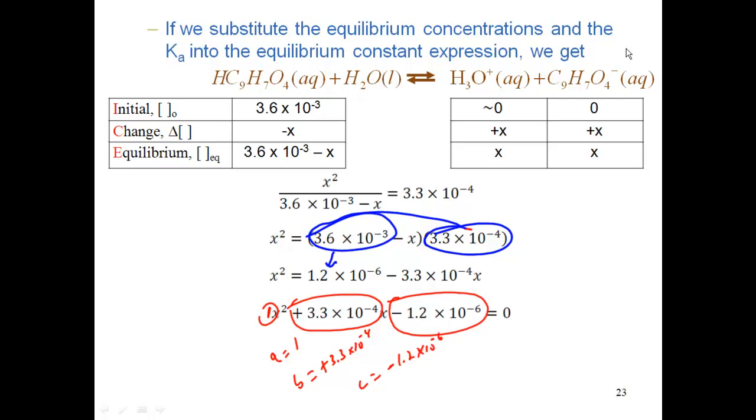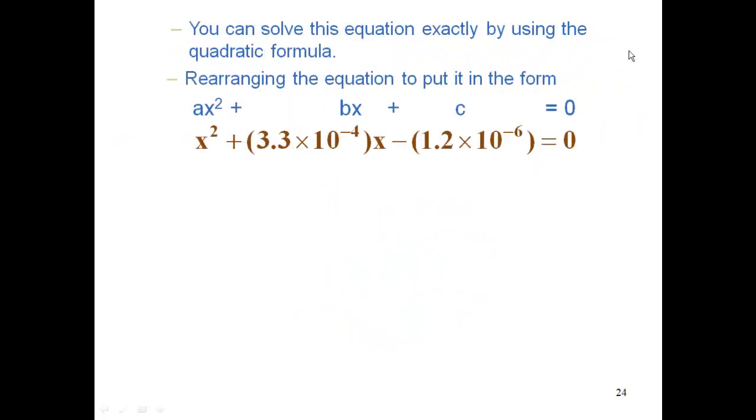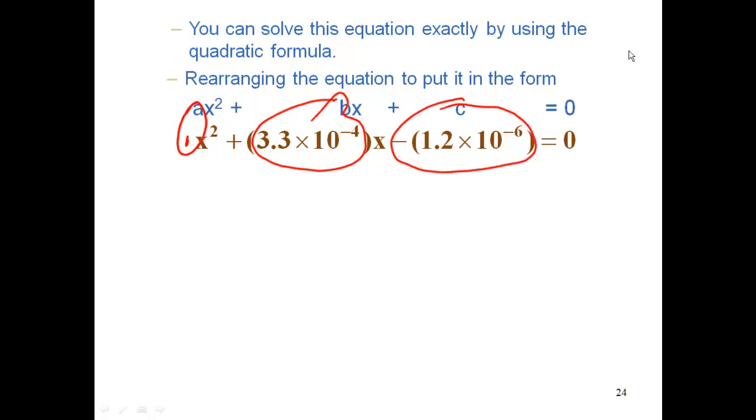Remember, I have to bring the positives and negatives with it as well. So in essence, A is 1, B is 3.3 times 10 to the negative 4th, and C is a negative 1.2 times 10 to the negative 6.